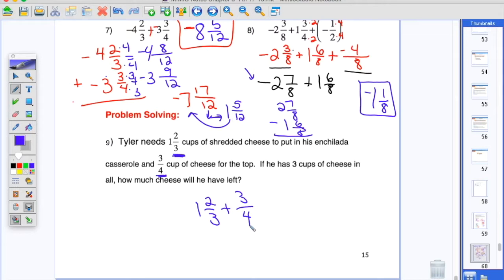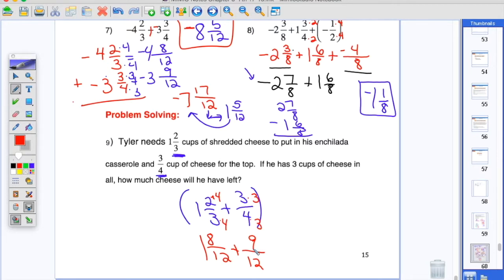Find a common denominator, which would be 12. So we have to multiply the first fraction by 4 and the second one by 3. So this gives us 1 8/12 and 9/12.